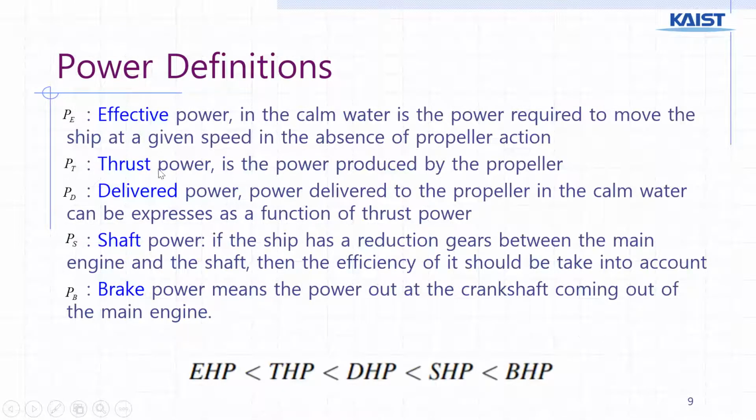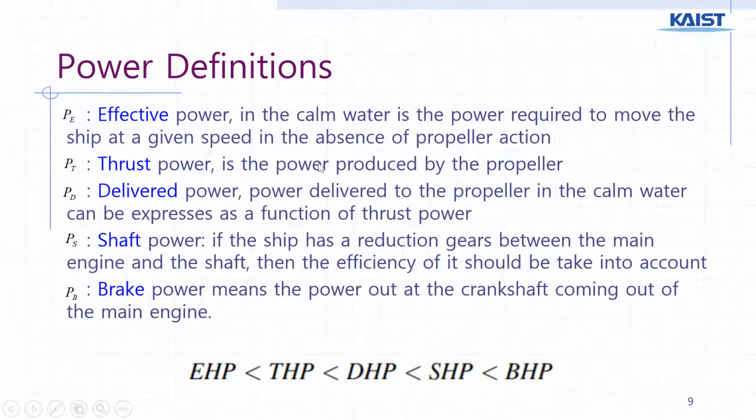So power definition: effective power is in calm water, not waves. Calm water means not real motion, a very stable condition. It is the power required to move the ship at a given speed. There is no propeller action.